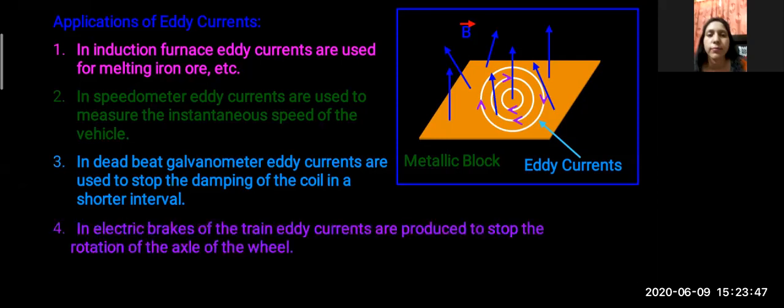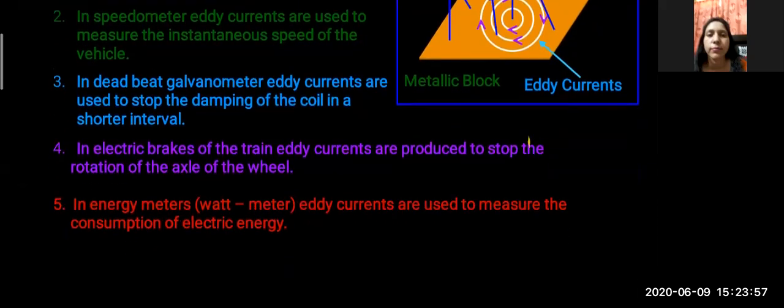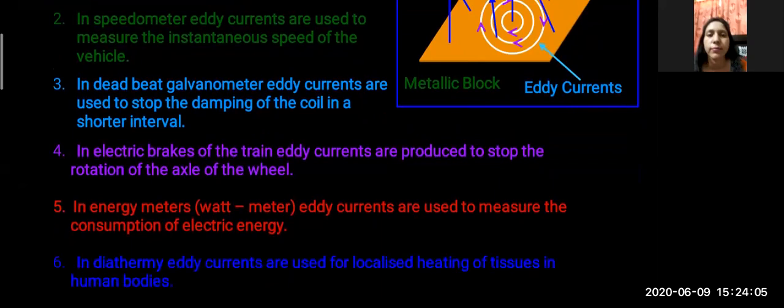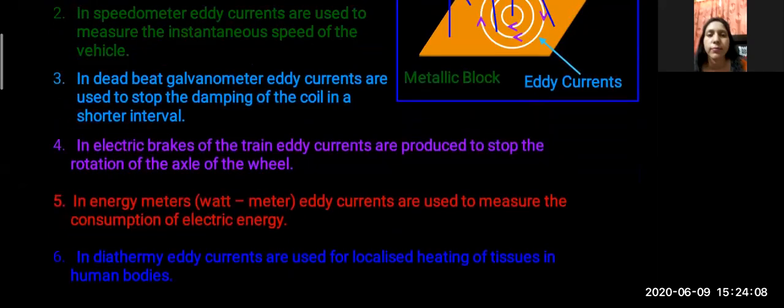In the electric brakes of a train, eddy currents are produced to stop the rotation of the axle of the wheel. In an energy meter, eddy currents are used to measure the consumption of electrical energy. In diathermy, eddy currents are used for localized heating of tissues in the human body. I hope this is clear to you.